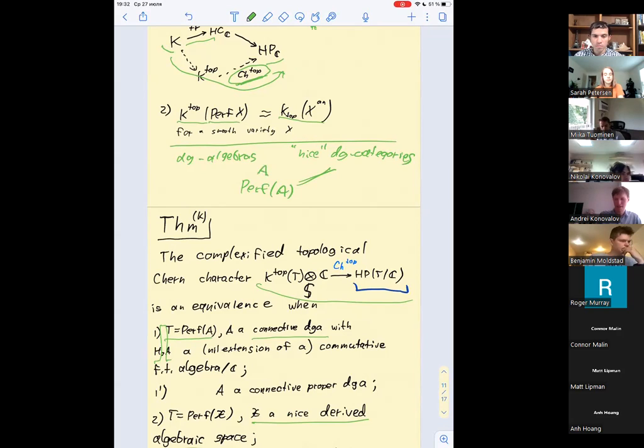In fact, if you want to restrict to dg categories coming from nature, then all the dg categories have a description as perf A for some dg-algebra. But the catch is that you can find several different dg-algebras and get the equivalence T equals perf A and T equals perf B for different dg-algebras A and B, which is this concept of Morita equivalence of dg-algebras.